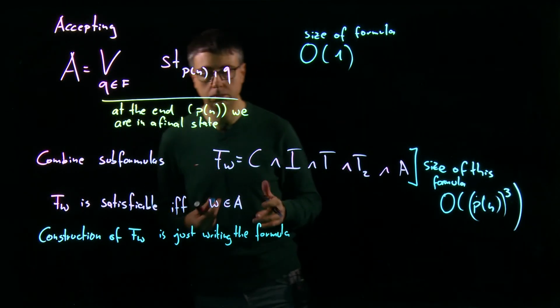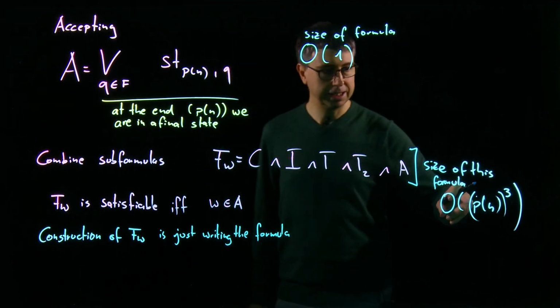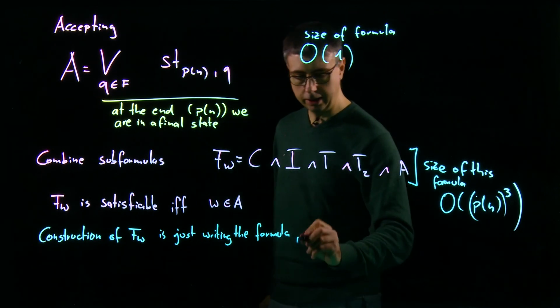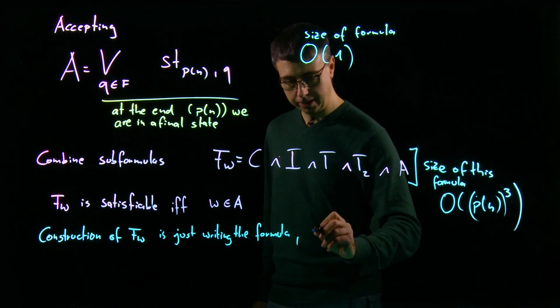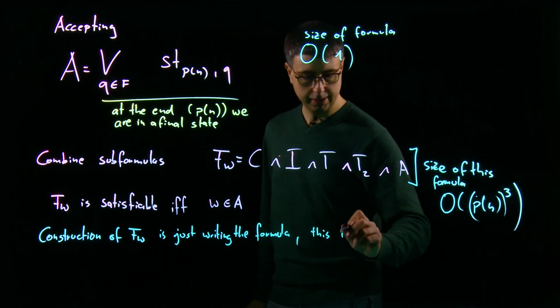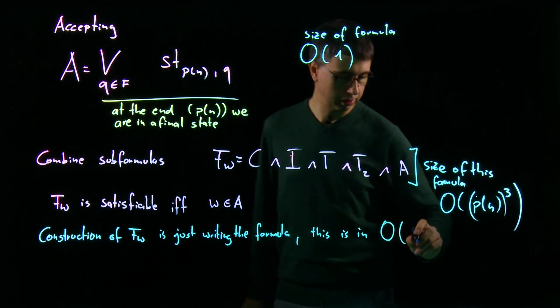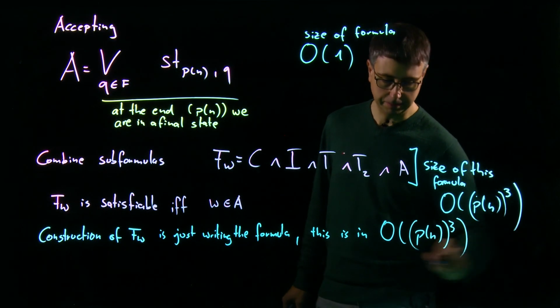There's nothing more complicated involved. However, the writing of the formula depends on the size of the formula. The size of the formula is in O of p of n to the power of 3.